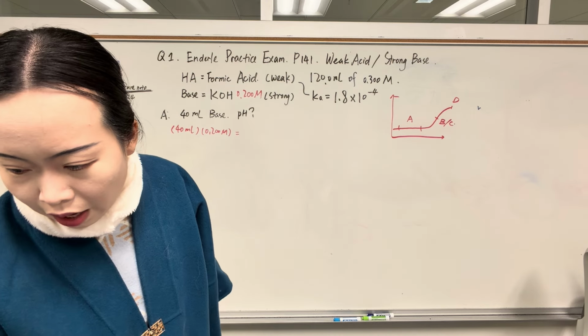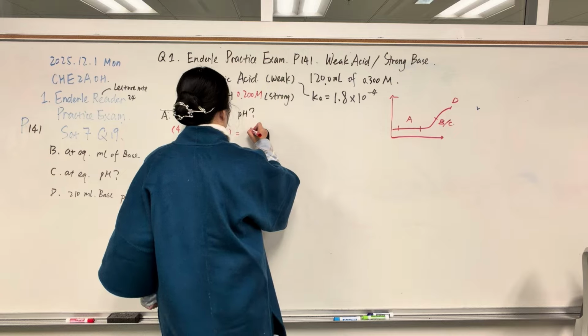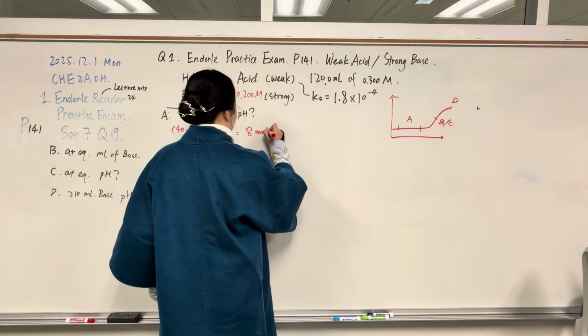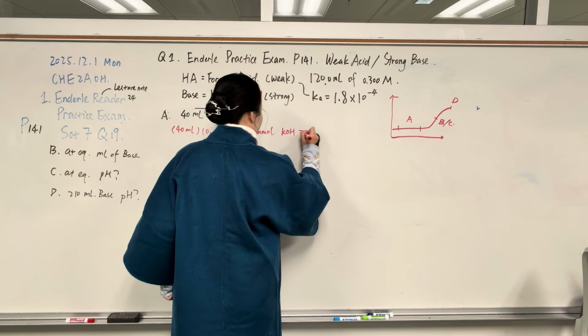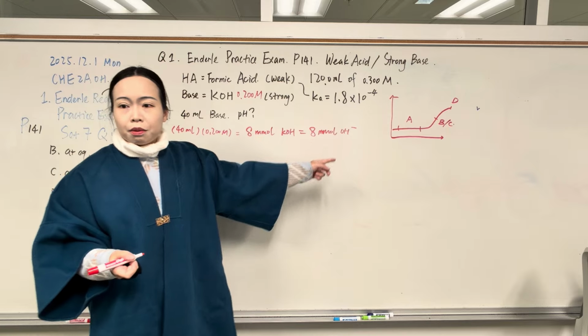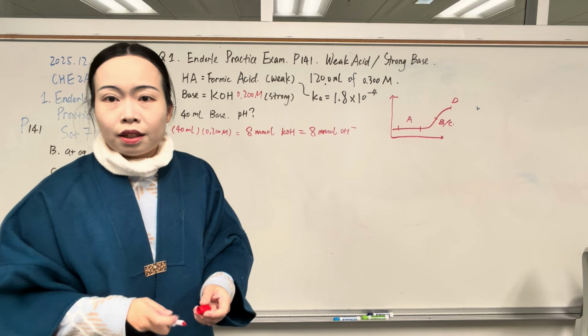So that's 8 millimole of KOH, which equals 8 millimole of OH minus, only because this is a strong base. So 8 millimole of strong base will equal 8 millimole of hydroxide ion.